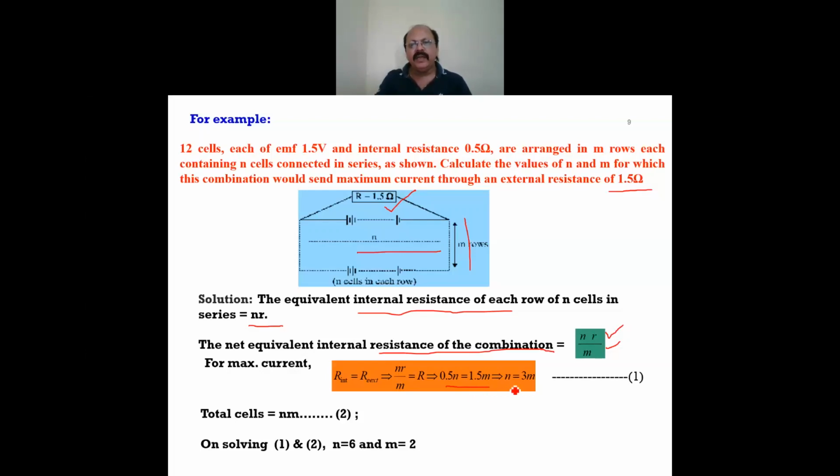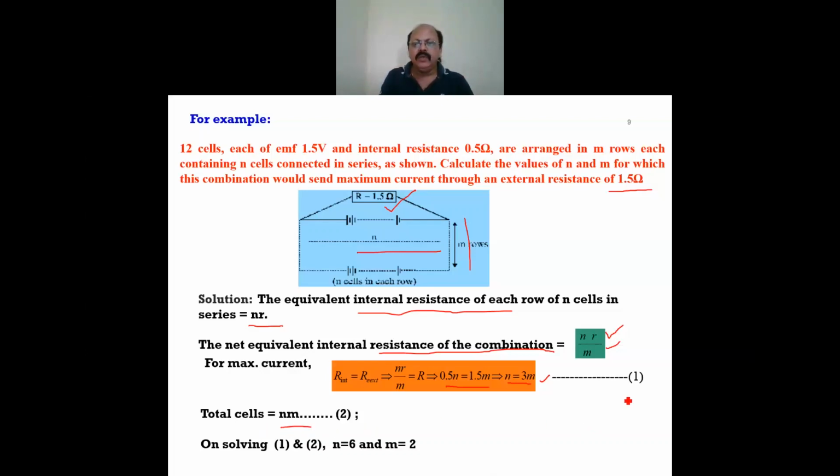So from here, small n equal to 3m. The point gets cancelled and 5 threes are 15. So n equal to 3m. You are getting, right? And the total cells, how much? n cells are connected in series and m rows are in parallel. So the total cells are n into m.